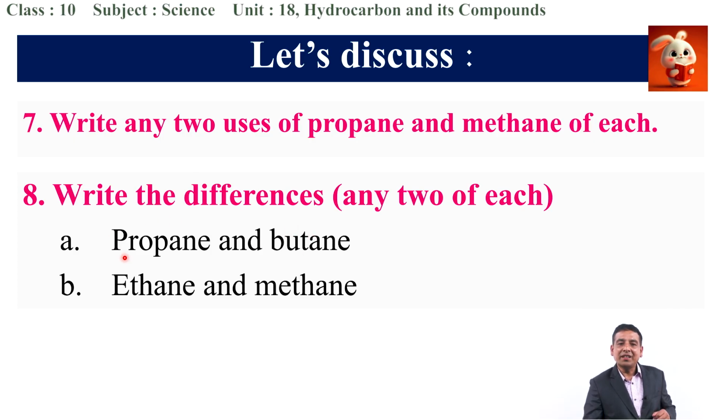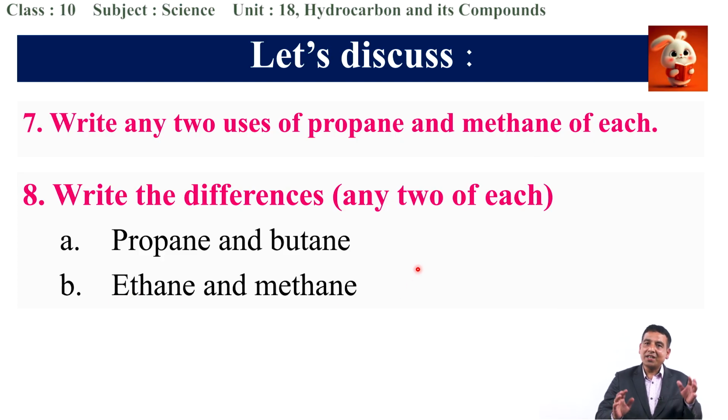Then you can talk about the number of hydrogen atoms present in butane, as well as their uses, and if you find any differences in their properties, you can write them for these 2 compounds. In the same way, you can differentiate between ethane and methane. So these are the questions related to the discussions we have made today.